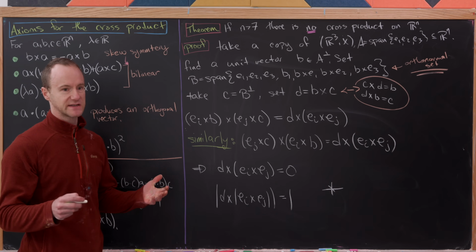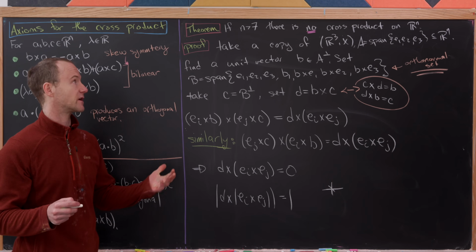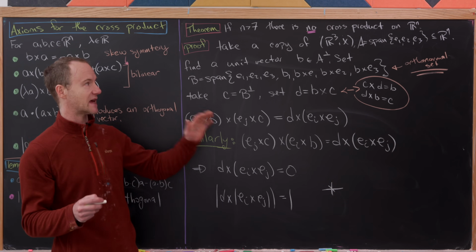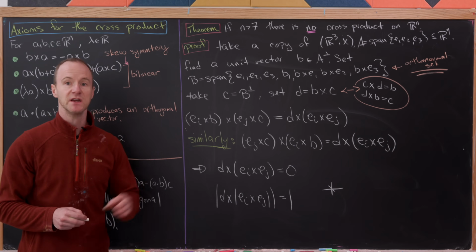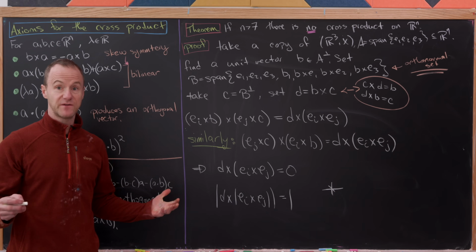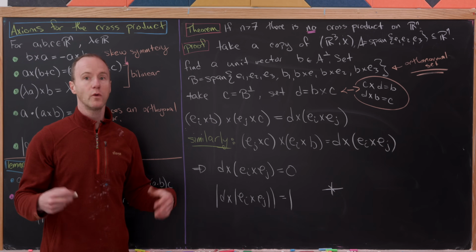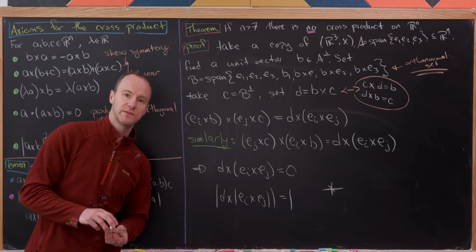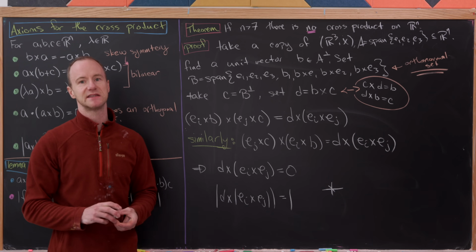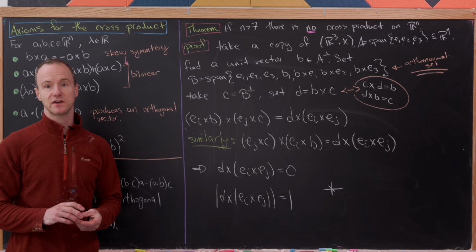So, what does that mean? That means it's impossible for n to be strictly bigger than 7 and to have a cross product. So there you have it. We've just finished proving that the only cross products exist in 1-dimensional space, 3-dimensional space, and 7-dimensional space. And that's a good place to stop.